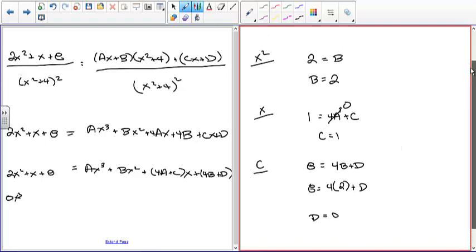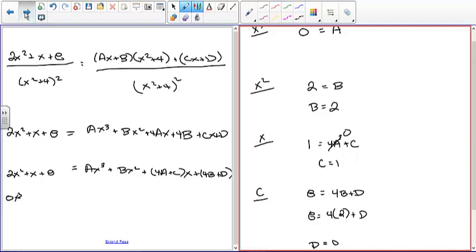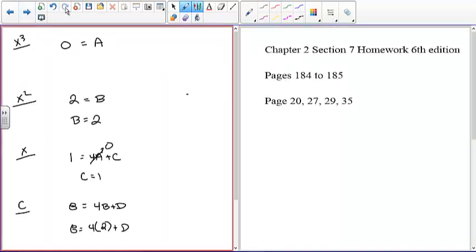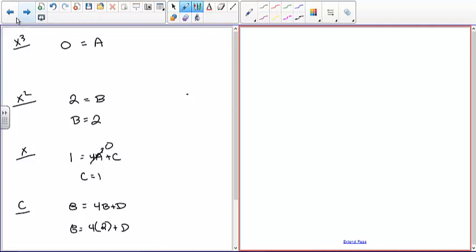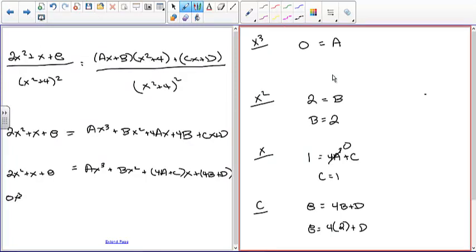So going back to the original expression, let me see where I can stick that in. I'm going to slide it in here. What we get is 2x squared plus x plus 8 divided by x squared plus 4 squared. So a was 0, and b was equal to 2, so you get 2 over x squared plus 4.